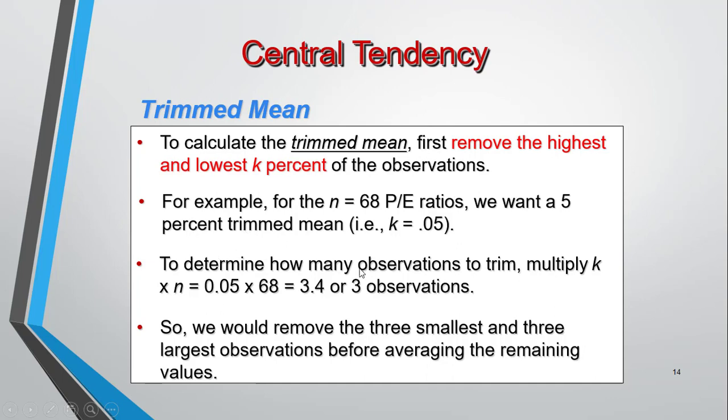To determine how many observations to trim, you multiply k times n, or 0.05 times 68, you get 3.4, so 3 observations. And then what do we do then? We remove the three smallest and the three largest observations before averaging the remaining values. And then we will have 5% trimmed mean. Okay.